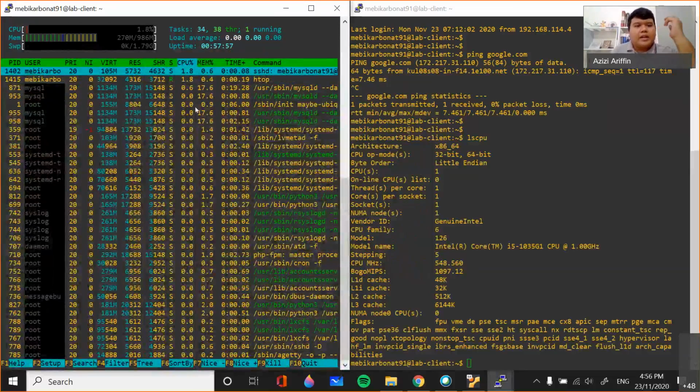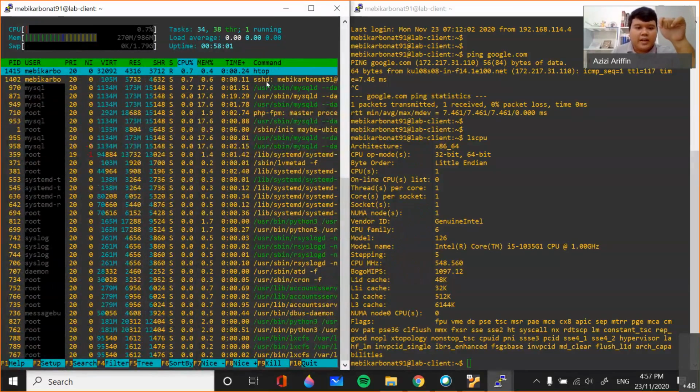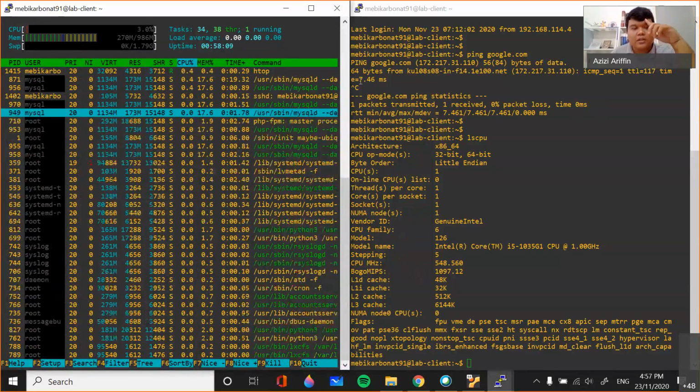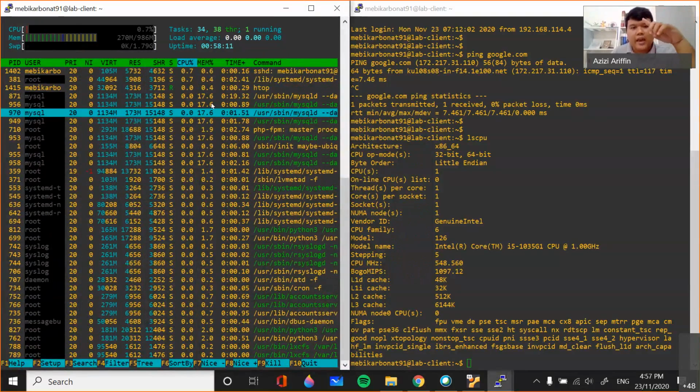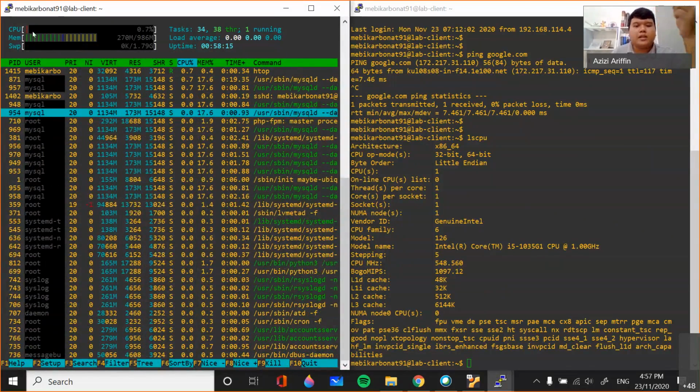Kalau kita tengok kat sini, dia bagi tahu semua background processes yang running, dan yang penting kat sini nampak tak kat situ ada CPU. Kat situ kita hanya nampak CPU utilization untuk single core, sebab Linux ni saya expose kepada satu CPU saja. Okay, so dia single ni lah, right?